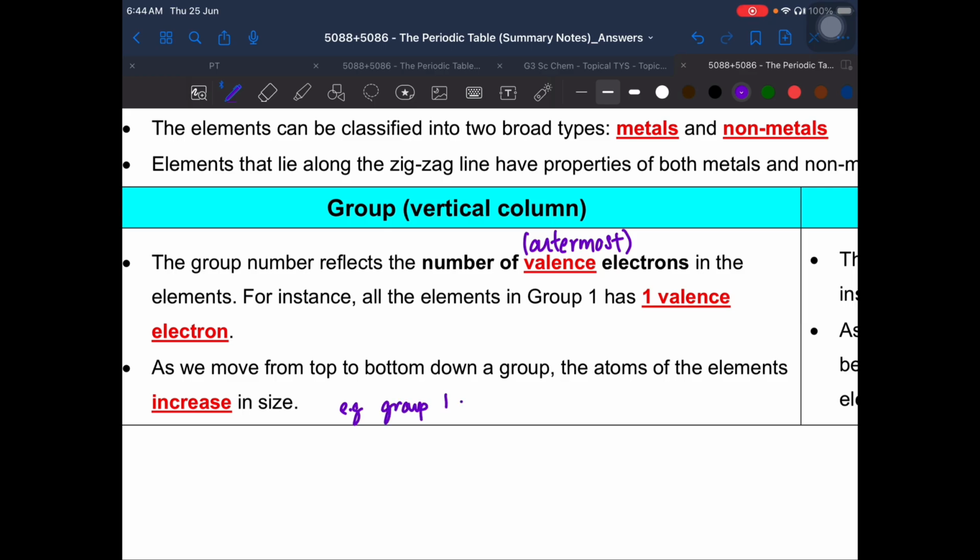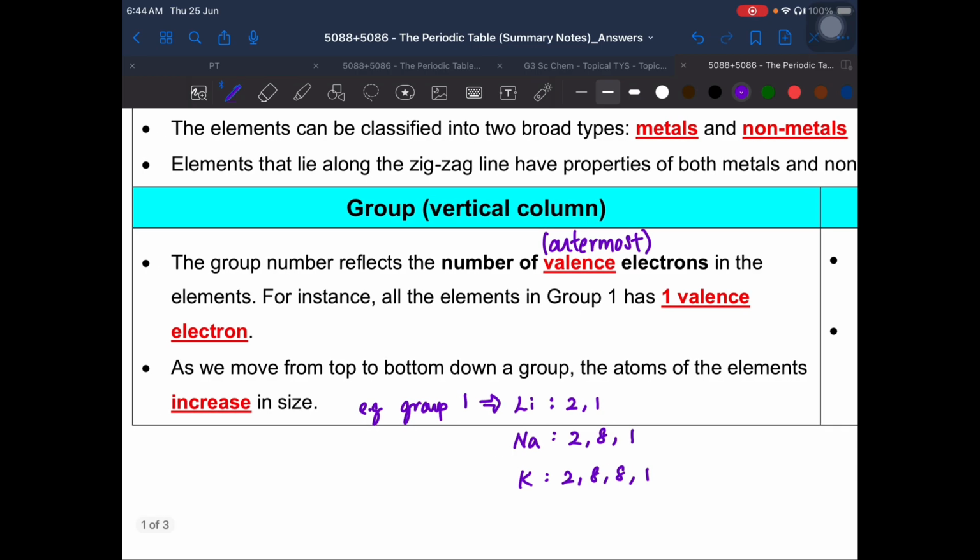Okay, so in group 1, we do know that for the first element, which is lithium, its electron configuration is 2-1. This means that it has 2 electron shells, right? Then when you go into sodium, we know that now it's 2-8-1, which means that it has 3 electron shells. So in terms of drawing, you know that it gets bigger and bigger. Potassium, 2-8-8-1, 4 electron shells. So naturally, the size of the atom should get bigger. Okay, so I think this is what we need to take note of for groups.